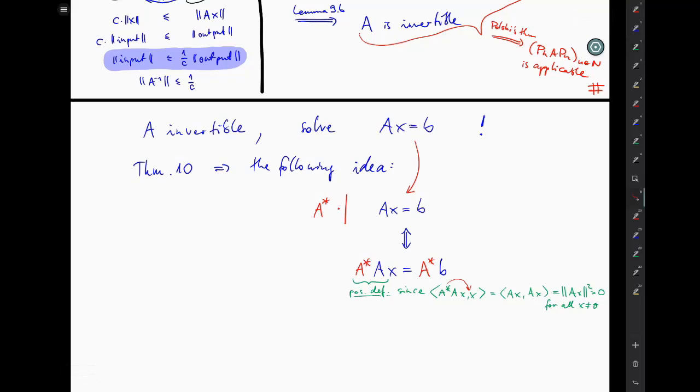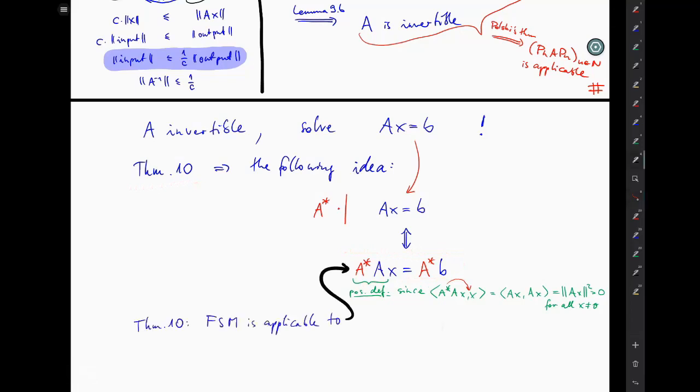But this means that our simple trick here transforms this pretty usual system Ax equals b into one of those great systems with a positive definite operator to which our Theorem 10 applies.